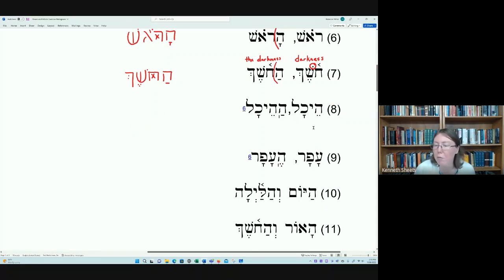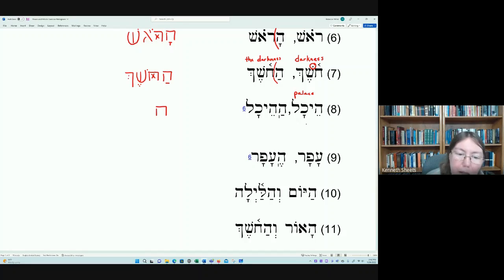Then coming on down, we have Hekal. Hekal is the Hebrew word for palace. And then again, I'm going to put the article on the front of it. So if I take the word Hekal, and I put the article on the front of it, hey with that pathak, followed by the dagesh forte. The dagesh forte goes inside of the guttural, hey. Aleph, hey, cheth, and ayin are the gutturals.